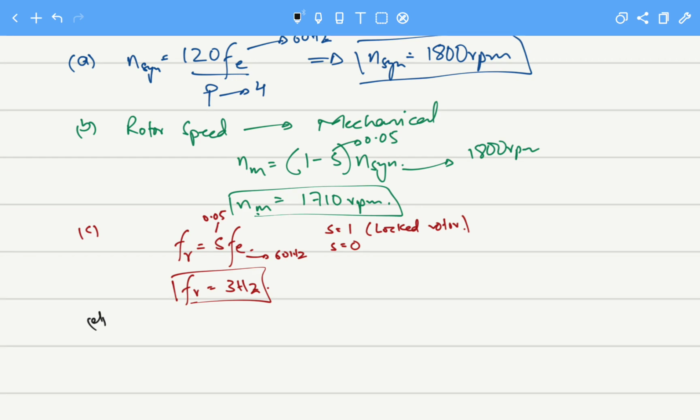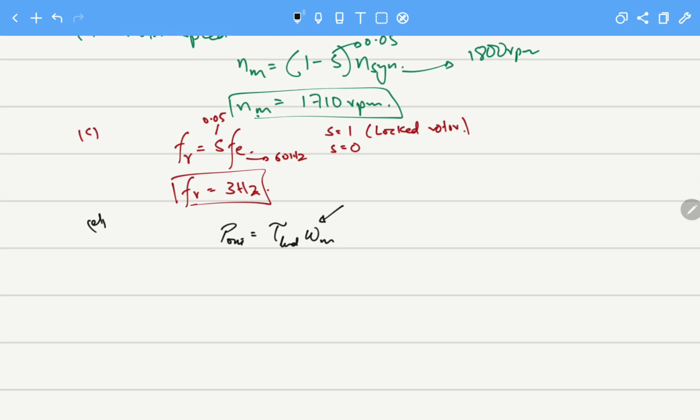For this condition, we know that the formula for a motor is P out equals the torque of the load times speed. Now this speed is omega. Remember, this is in radians per second in this formula. So what it is asking is the maximum load torque, which will be P out over the speed.